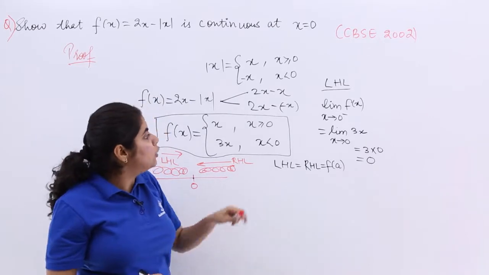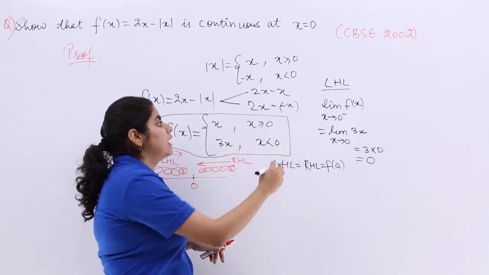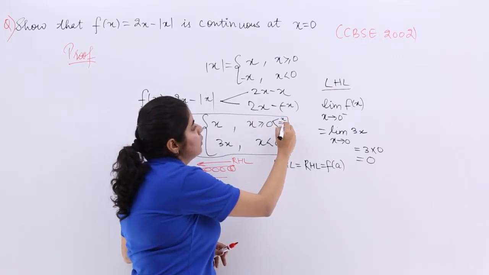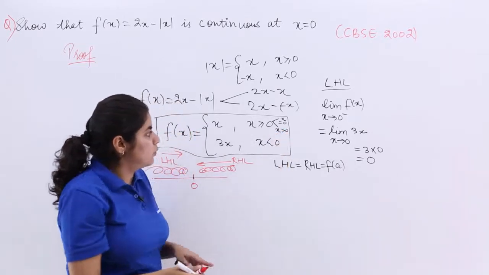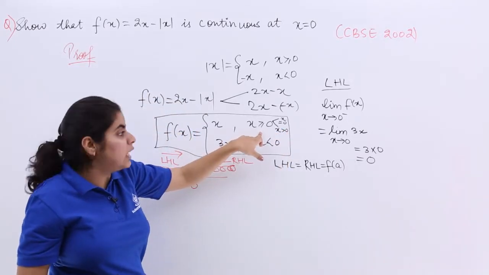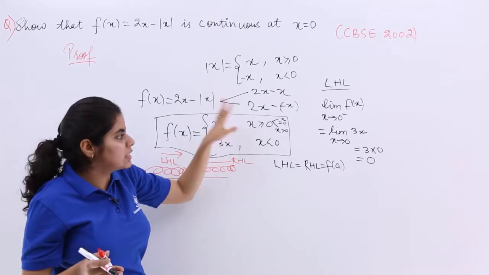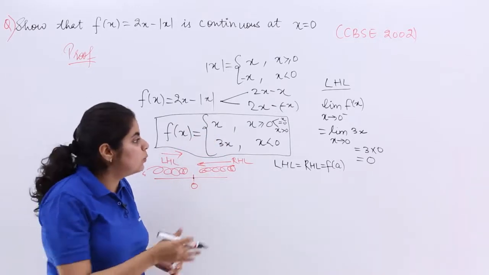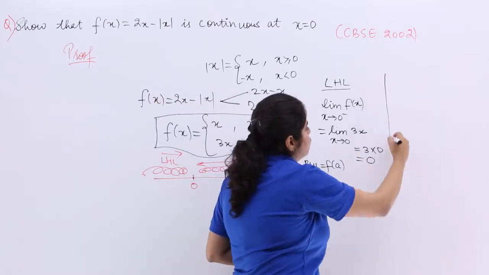What about the value of the function? You see that the equal to sign is here, that means this again has two parts: one when x is equal to 0, the other when x is greater than 0. The inequality greater than or equal to has two paths. So what is the value of the function?